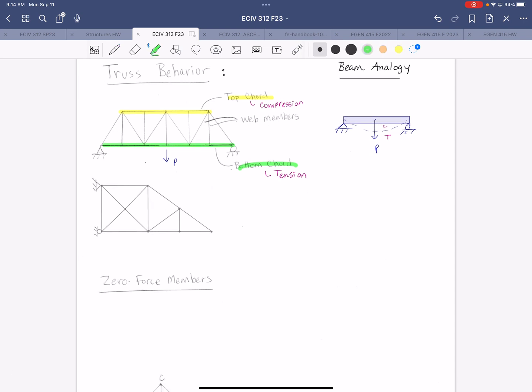If you have a truss that is configured like this, with the supports on the side like that, this is no longer analogous to a simply supported beam. So your top chord is what I highlighted in yellow there.